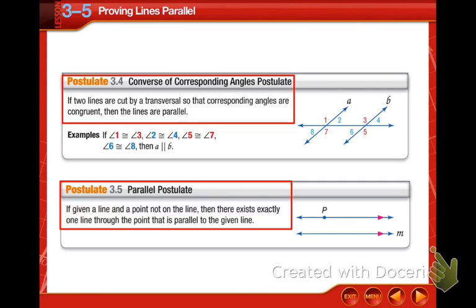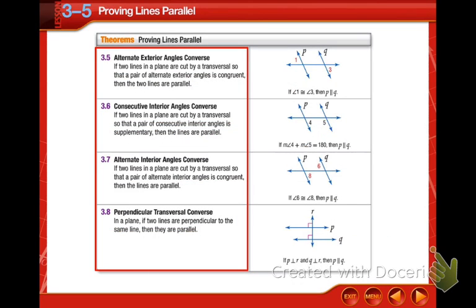Anyway, parallel postulate: if given a line and a point not on the line, then there exists exactly one line through the point that is parallel to the given line. Got some more postulates. These are all just the converse of the other theorems: the perpendicular transversal, the alternate interior, alternate exterior, and consecutive interior, just the converses of all of these.